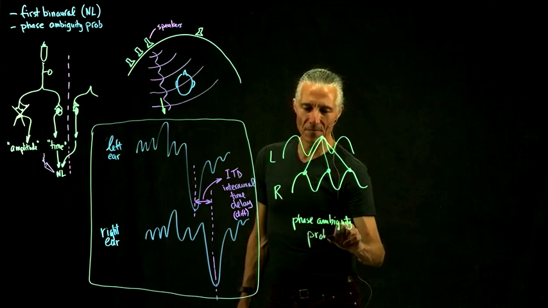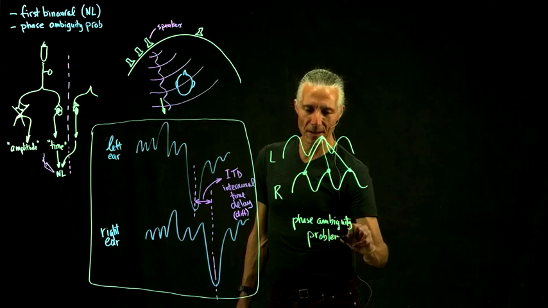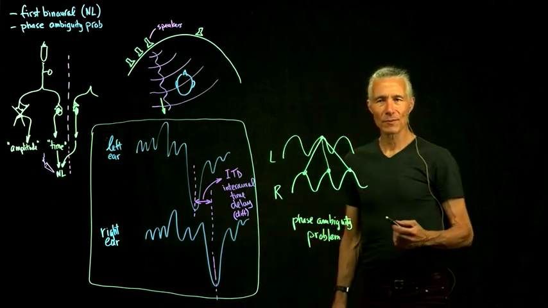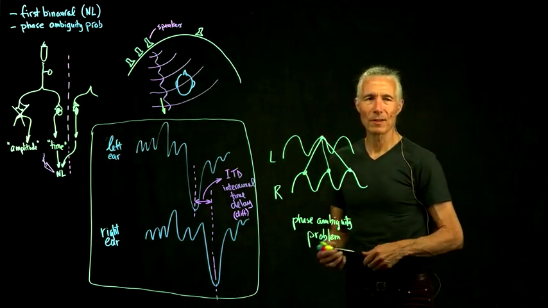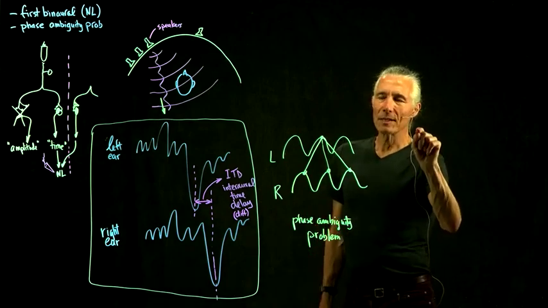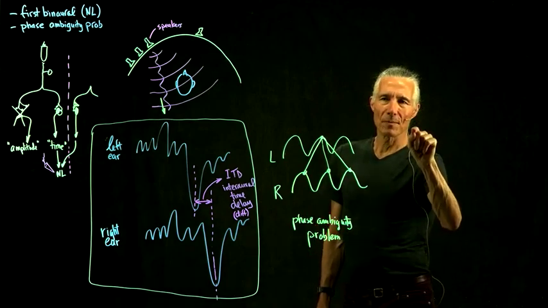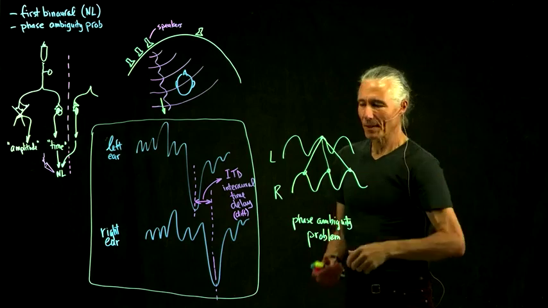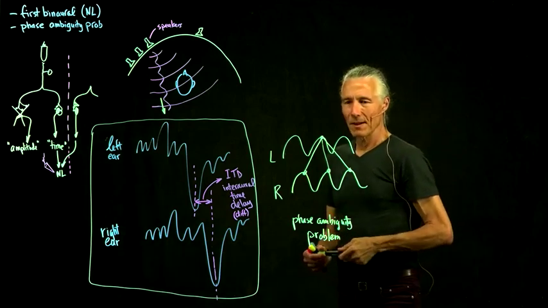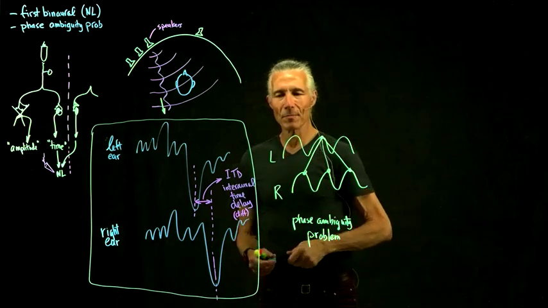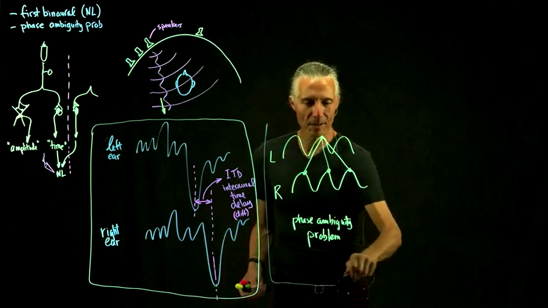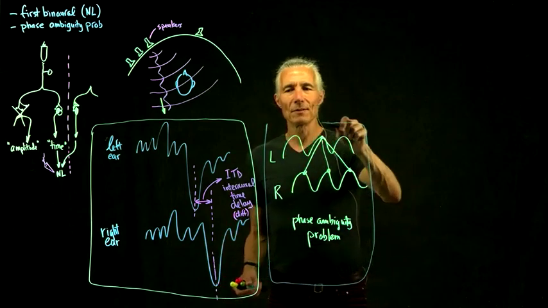Because we went through the trouble of filtering things into different frequencies, sort of similar to the visual system where we went through the trouble of making a whole bunch of little motion detectors that are just measuring motion very locally. Because of that, we've created this problem for ourselves.